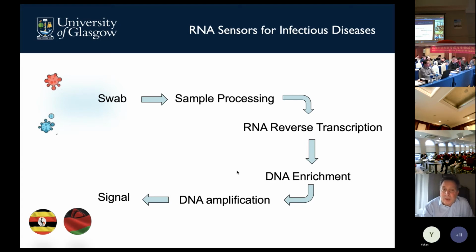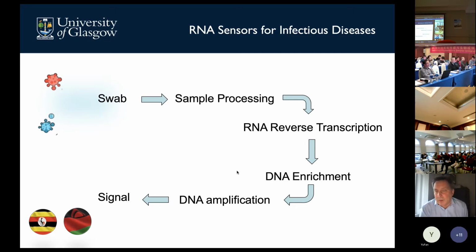Now, there are a variety of viruses where the information is encoded within RNA. And the RNA molecule itself cannot be amplified. In order to amplify it, you first have to convert it back into DNA and then do the amplification as before on your device. So doing tests for RNA viruses is more complex.